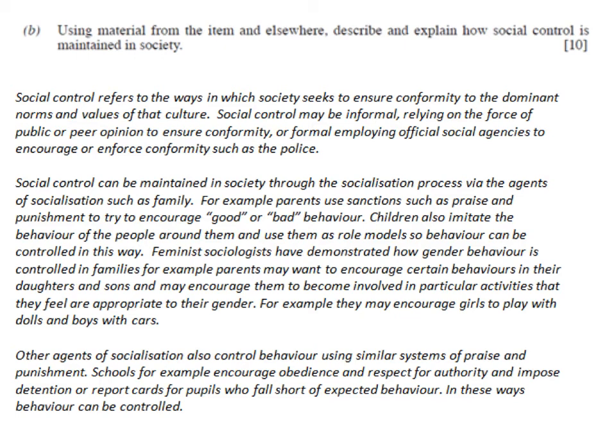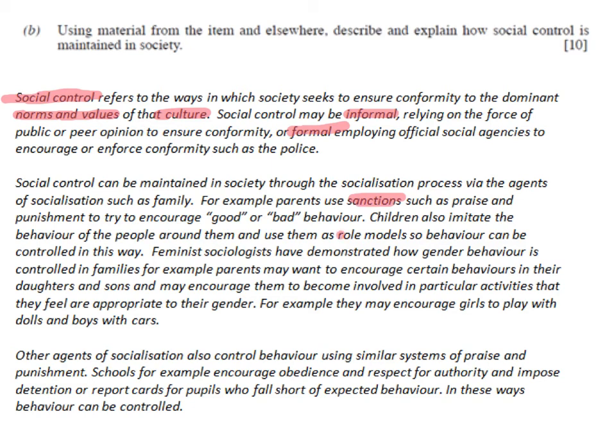So there's good use of sociological terminology throughout this answer. So we've got, as we would expect, a clear definition of social control at the beginning. That's linked to other concepts like norms and values and culture. We've got this distinction between informal and formal social control. We've got reference to the idea of sanctions as one of the ways in which social control works.